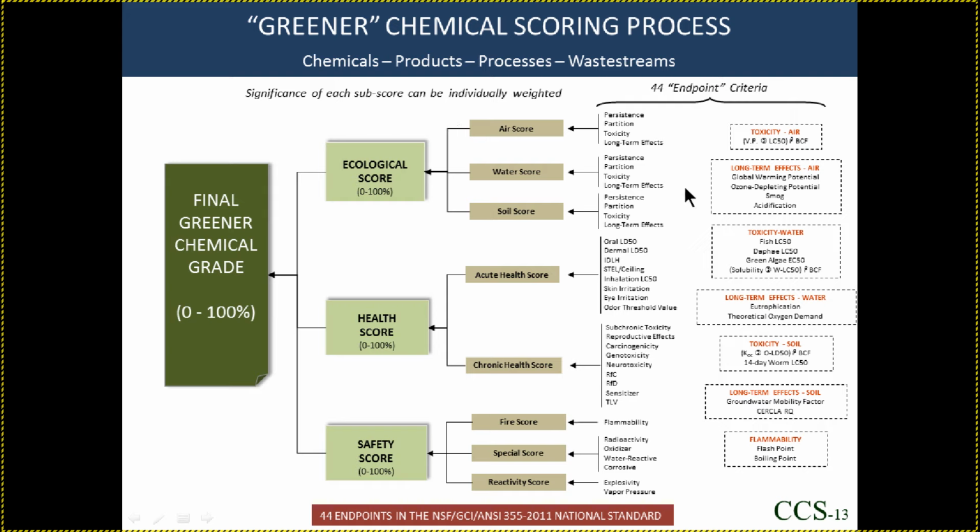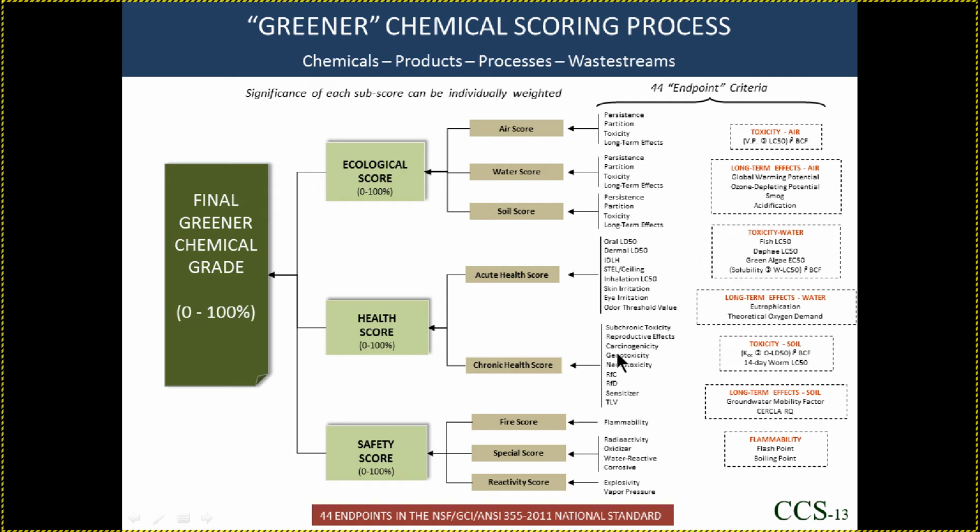Those endpoints were derived from the consensus standard that was put together by about 185 committee members across many stakeholder groups, and we have compiled the data for each of those individual endpoints.